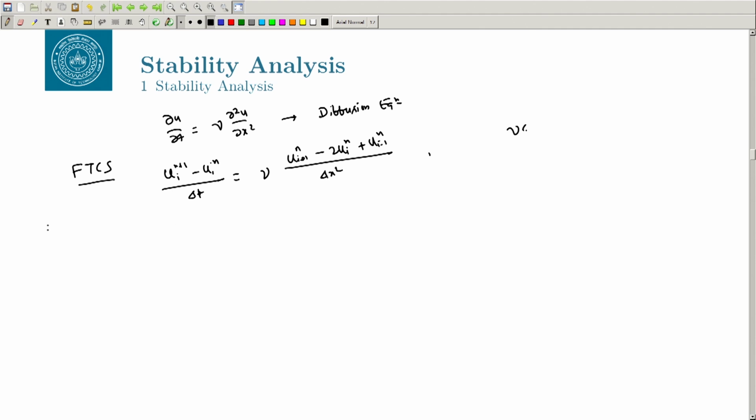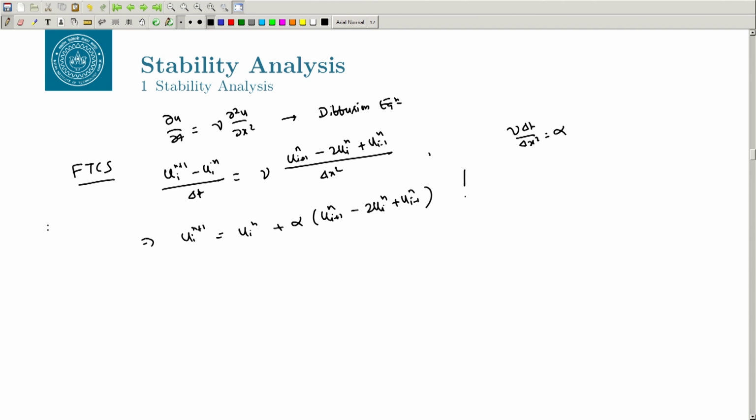Take nu delta t by delta x square equal to alpha, as we have been doing earlier. Then u_i^(n+1) equals u_i^n plus alpha (u_(i+1)^n minus 2 u_i^n plus u_(i-1)^n).